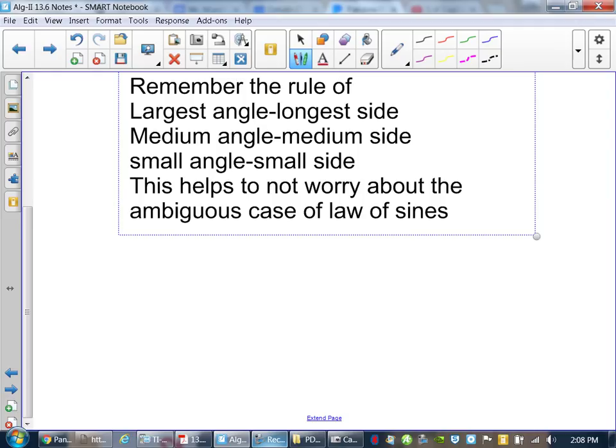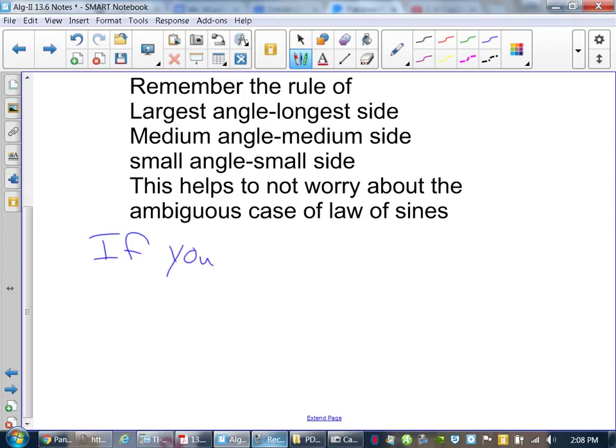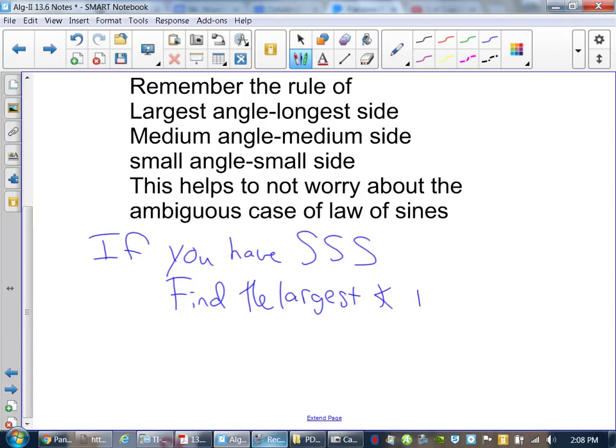And what I want you to do whenever you're dealing with law of cosines, if you need to find an angle, all right, let me write this. If you have side, side, side, find the largest angle first.